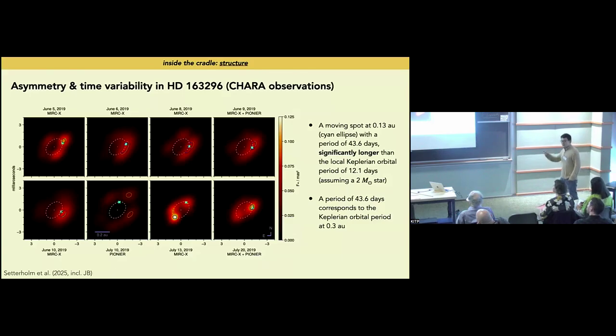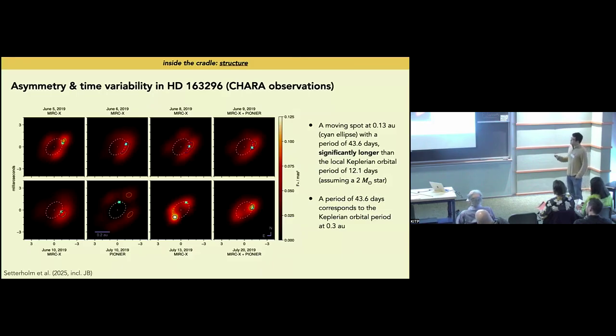So you can determine the orbital period of this brightest blob in this system, right? So this cyan ellipse shows 0.13 AU distance from the star with proper geometry of the disk, right? And it turned out that the brightest blob is orbiting the star at about a 43 days period, right?